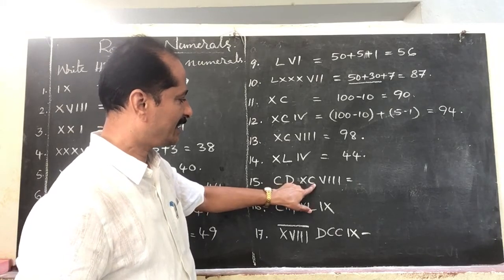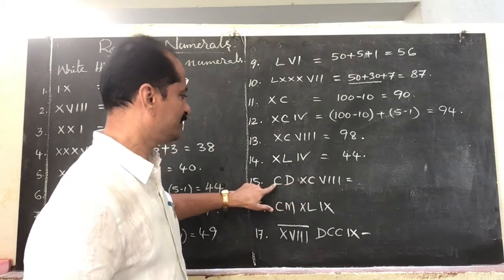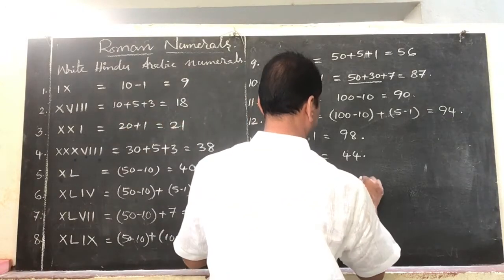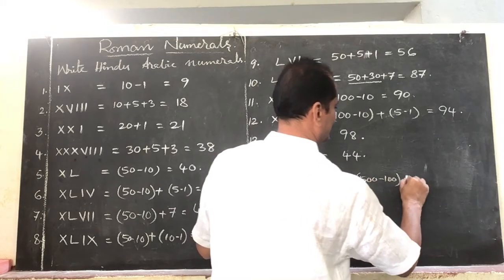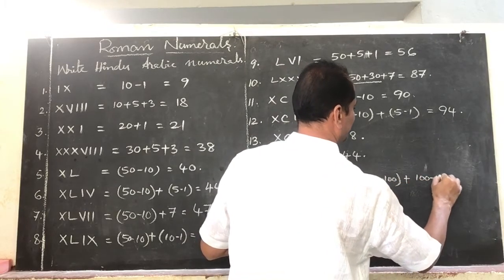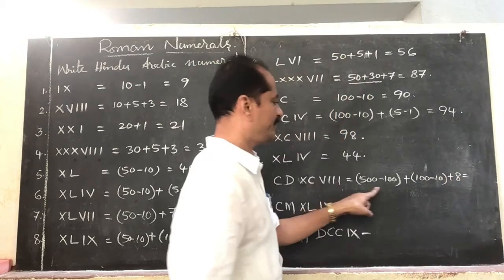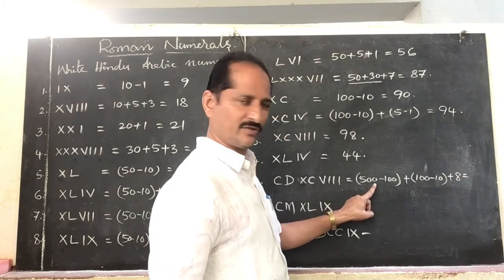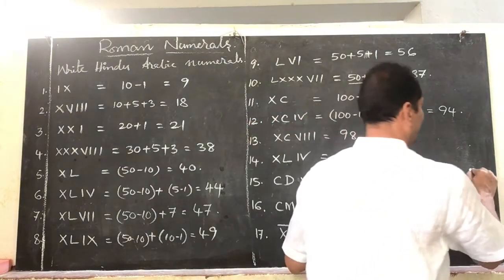Here 100 minus 10, 90 and 8. So 500 minus 100 plus 100 minus 10 plus 8. That is equal to 500 minus 100, 400, 98. 498.